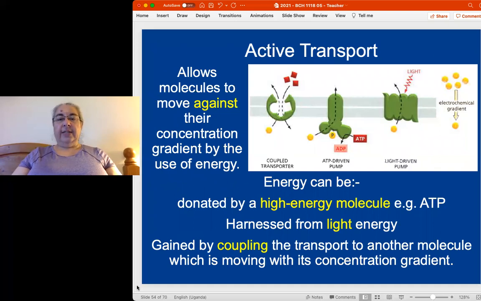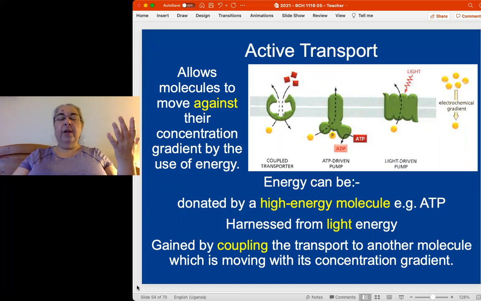Okay, so now let's think about active transport. So this is the type of transport that needs energy. And the reason that it needs energy is that active transport allows molecules to move against their concentration gradient.